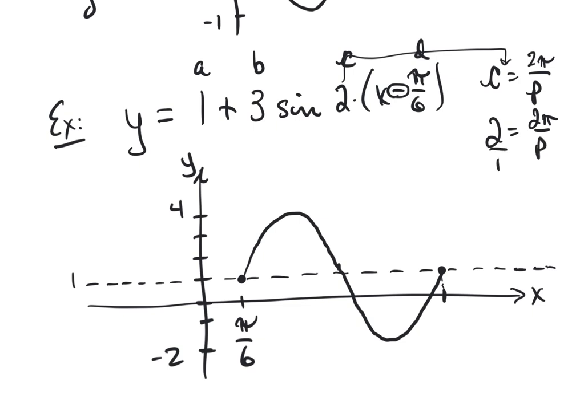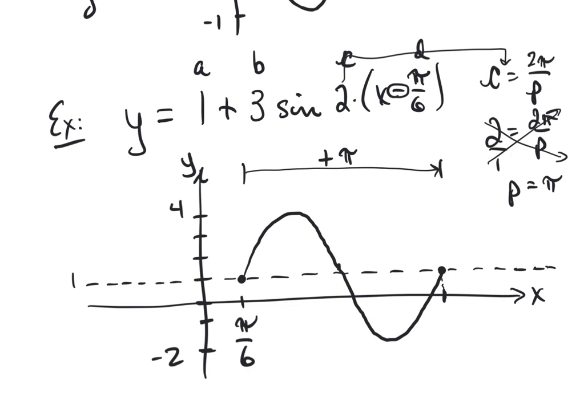Think of that as a fraction. And then cross multiply. So when we cross multiply and divide, the period value then is going to be pi. So from where we start our cycle to where we finish with the hill and the valley, we have to travel pi to the right.